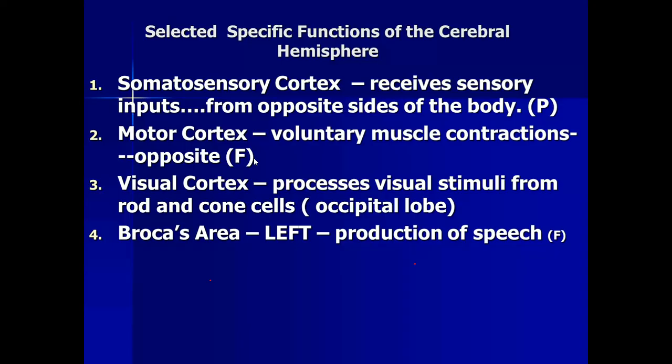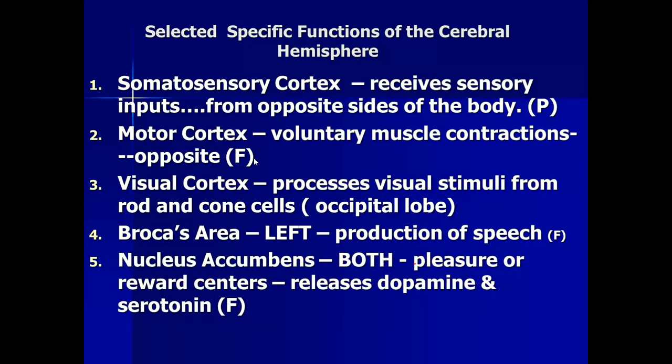Another special portion of the brain is called the nucleus accumbens. I'm going to go back to label the nucleus accumbens. This is the pleasure and reward center of both sides of the brain, and it releases the neurotransmitter dopamine in response to stimuli like exercise, laughter, and also drugs, bad drugs, cocaine and heroin.